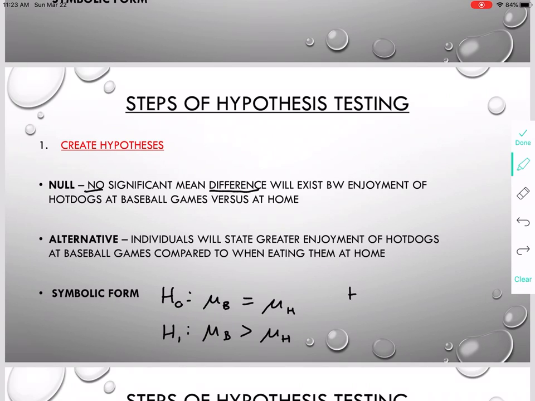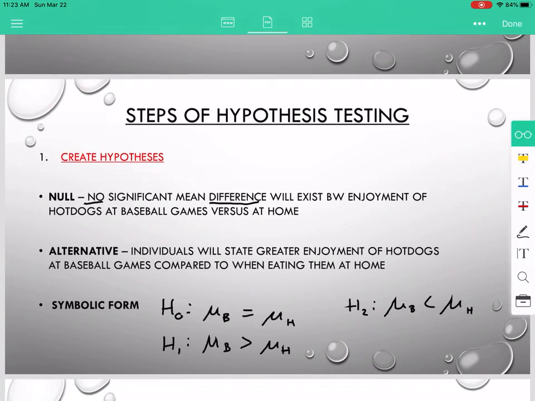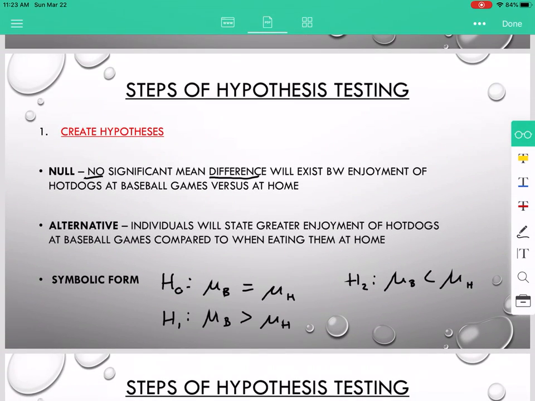So you have to create hypotheses for both. Then I would have a hypothesis number 2 that's alternative. And in this case, it would be that enjoyment of baseball game hot dogs is less than enjoyment at home. Perfect. So we have a null hypothesis, a statement of no difference, then we have alternative hypotheses where there is a difference.